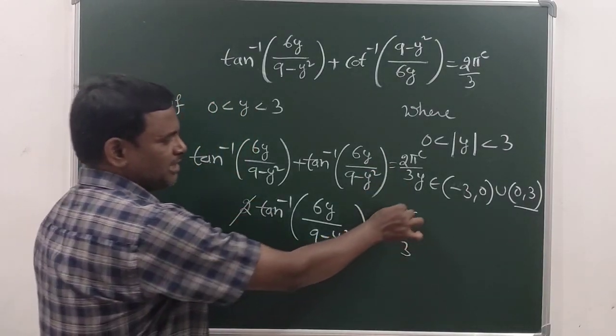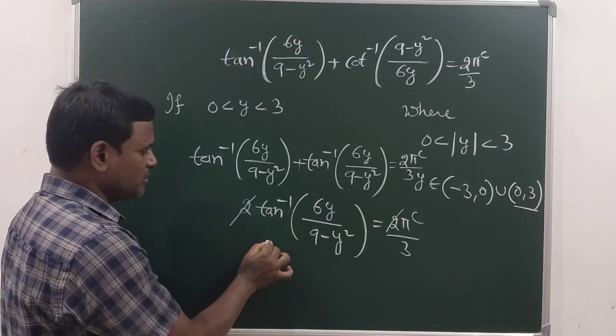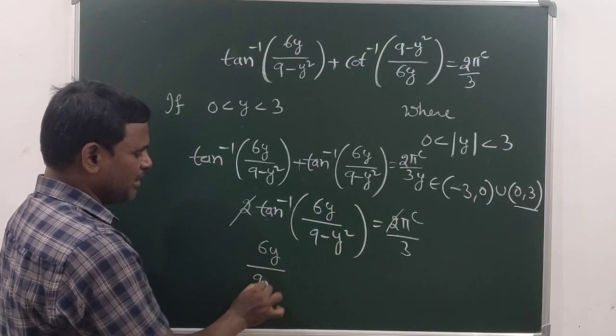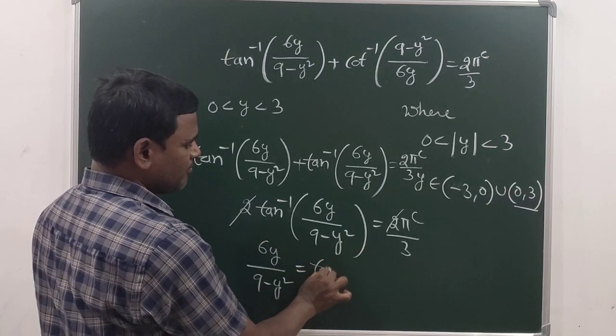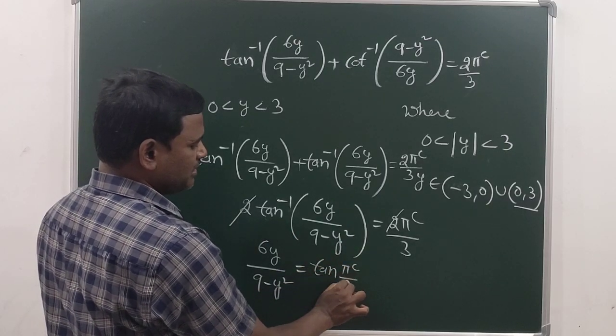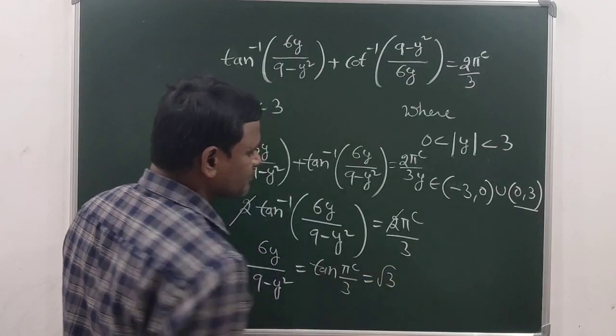See, 2 cancel. Now transfer tan inverse to the right side, so that here you will get 6y by 9 minus y square, which is equal to tan pi radians by 3, which is equal to tan 60, root 3.